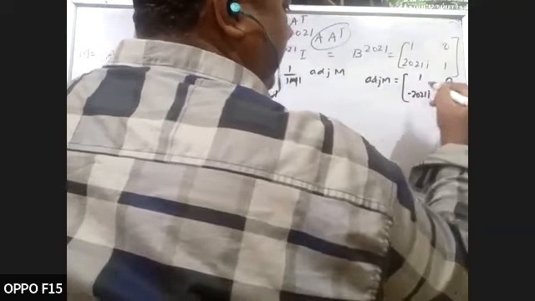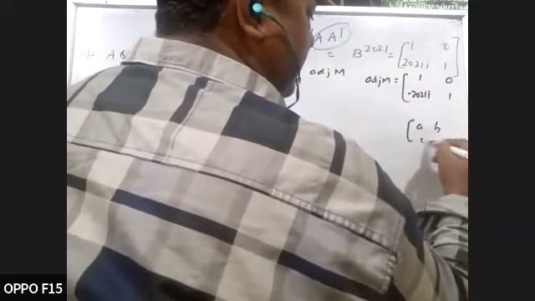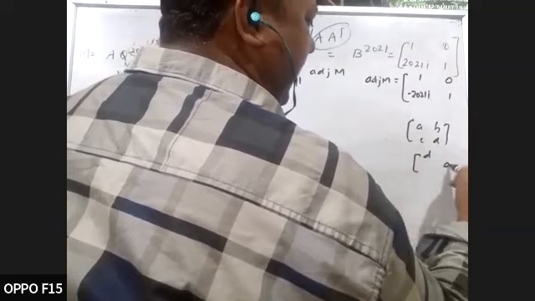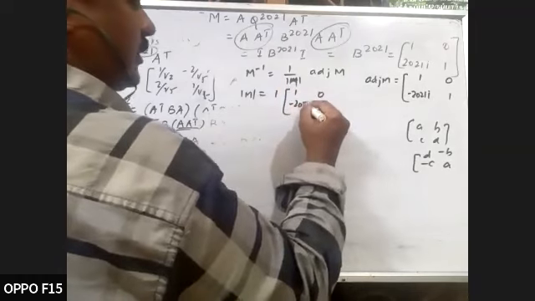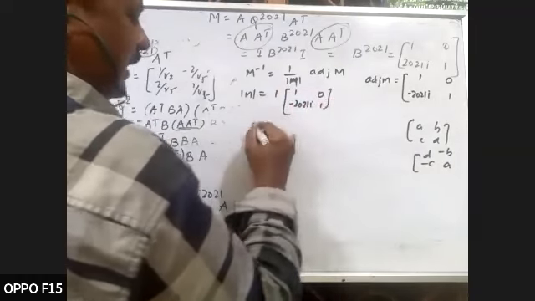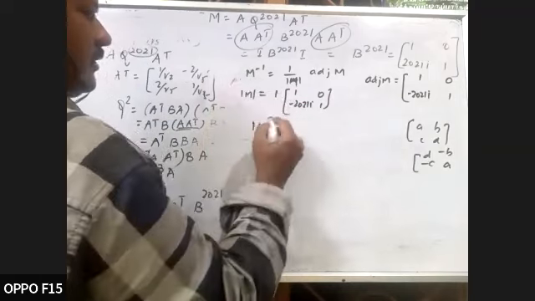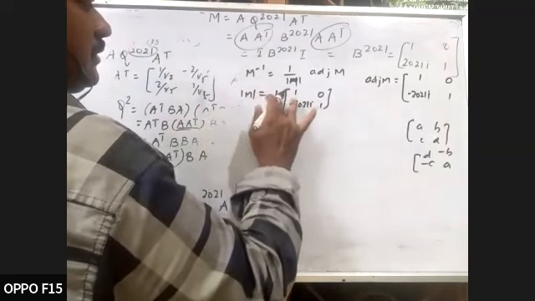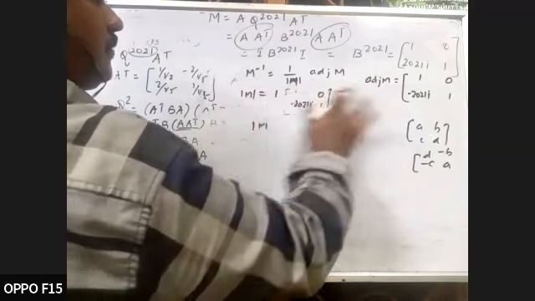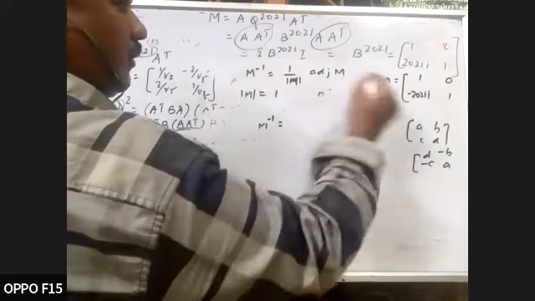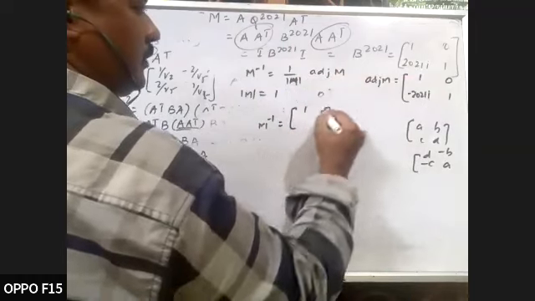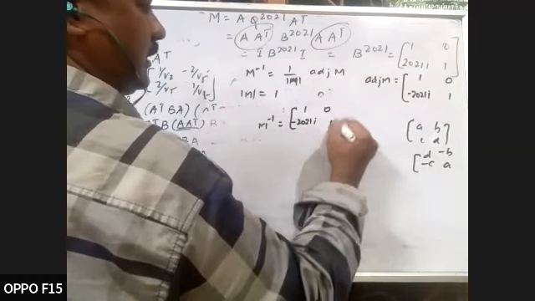So we have to change the symbol. தெரியும்ல? If it is given that a b c d, I can change this as d minus b, minus c a. Here we have to change only the symbol. அதுதான் செஞ்சிருக்கேன். Therefore your M inverse is equals to 1 into this one, 1 minus 2021i 0 1. Please take down.